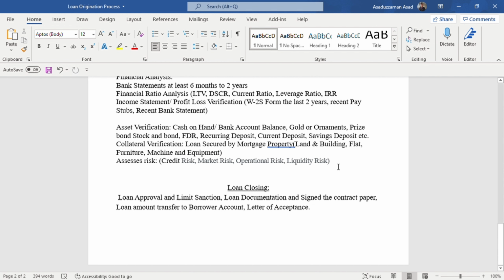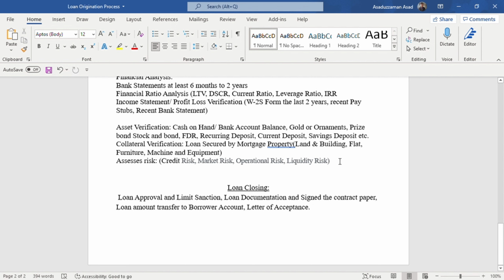The underwriting process is very important to provide a loan or a limit sanction in favor of the borrower, because the loan taken by the borrower from a bank or financial institution depends on the analysis of the underwriter.